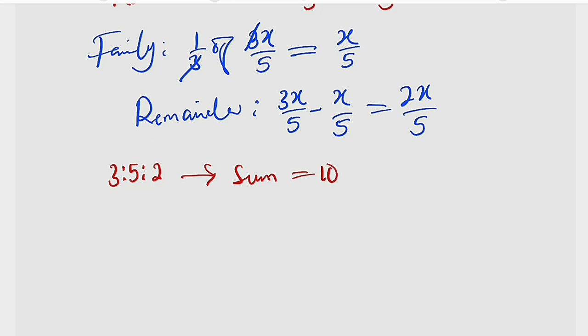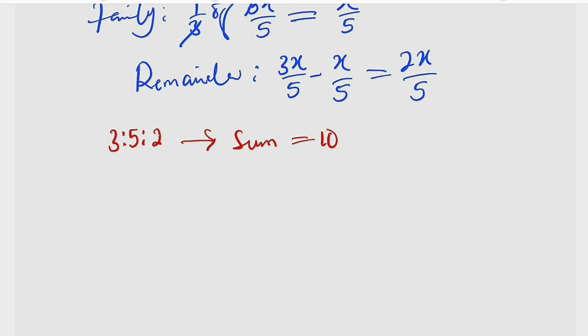According to the question, the child with the least share represents 2 out of the total 10, multiplied by the total number of acres left, which is 2x divided by 5. We are told that this person received 8.